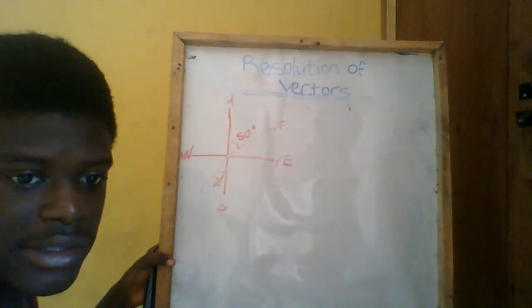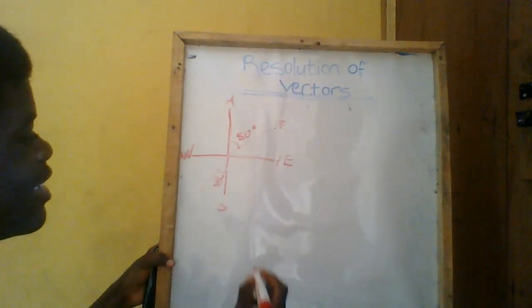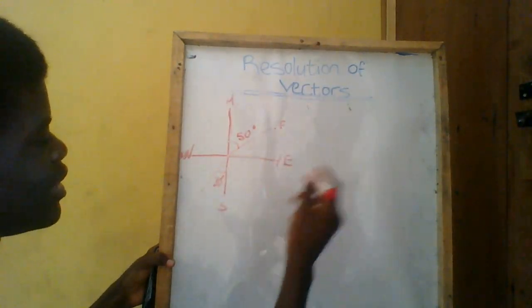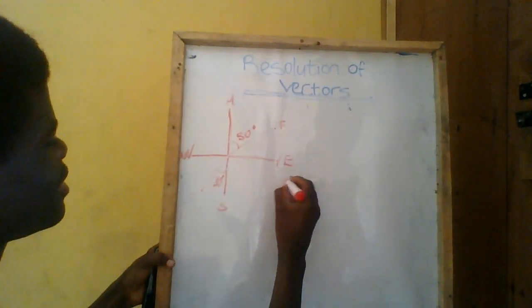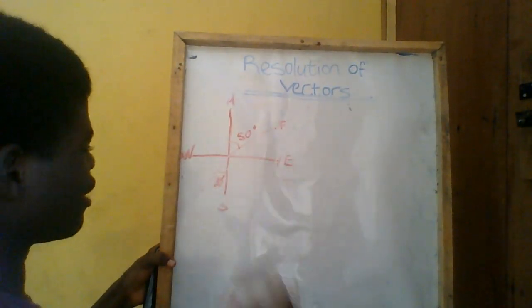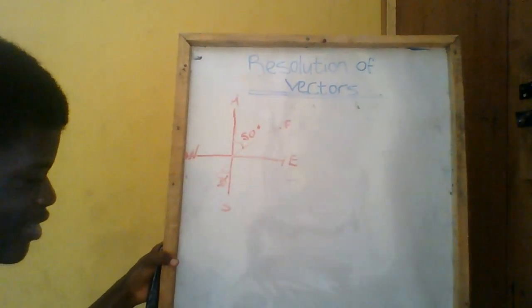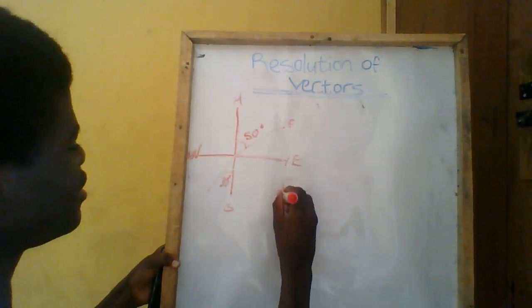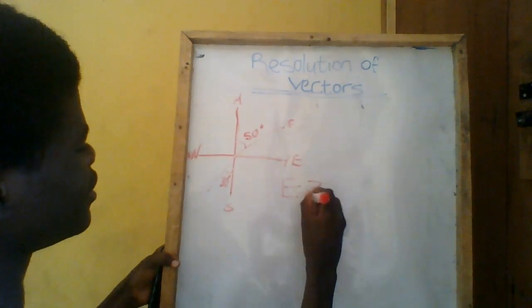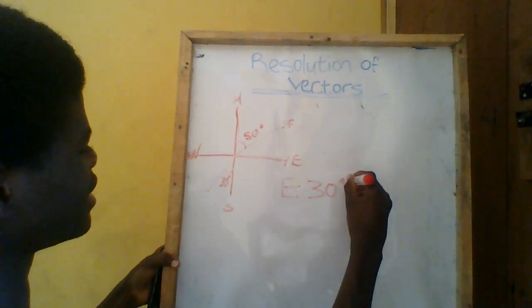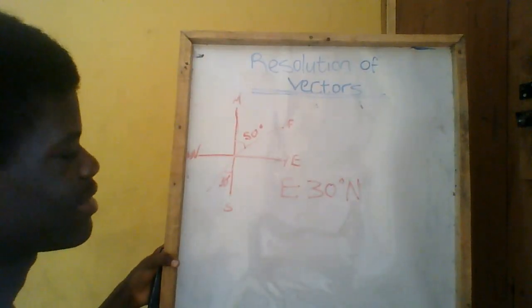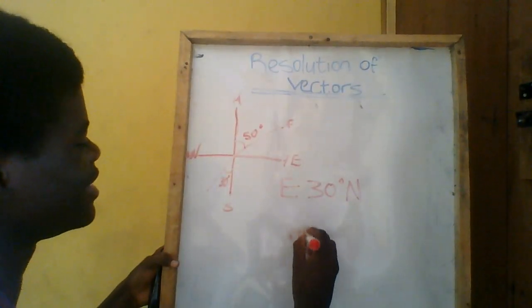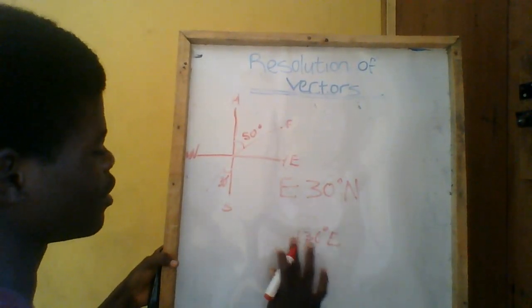In our first test, this man tricked us with this question. He said we should resolve all this. He gave us number one, then he wrote E 30-degree N. A lot of people thought it was a typo, that it was supposed to be N 30-degree E. But we had already been exposed to tricks like this.